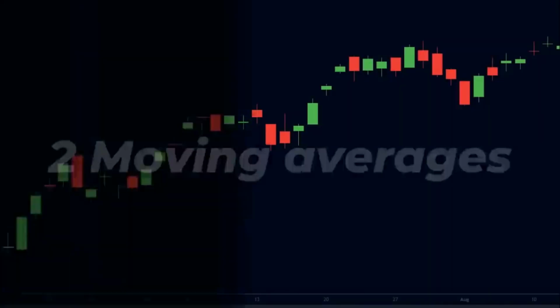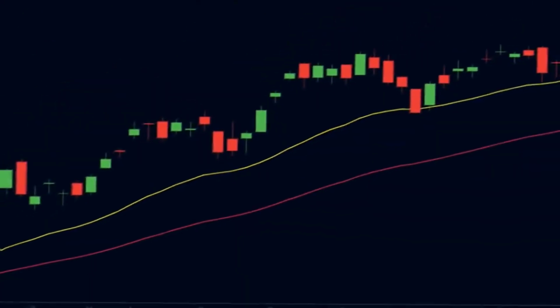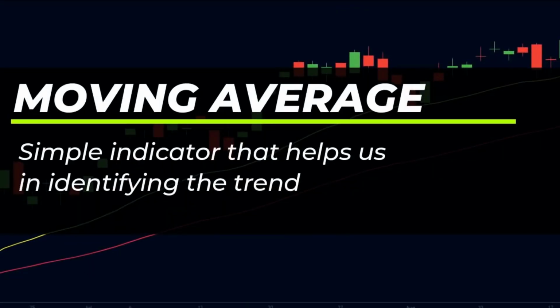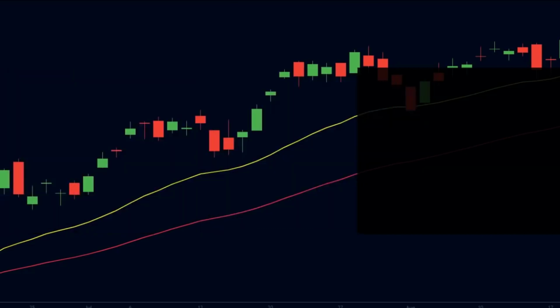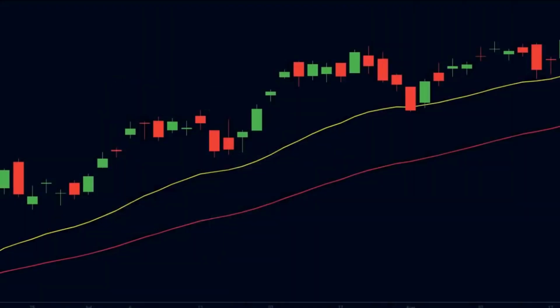To do so, we will use two moving averages. A moving average is a simple indicator that helps us in identifying the trend of the market. We will use a 21-period exponential moving average and a 50-period exponential moving average. On this chart, the yellow line is the 21-period EMA, and the red line is the 50-period EMA.